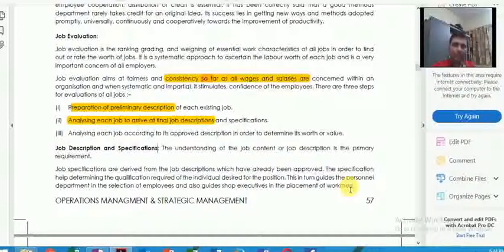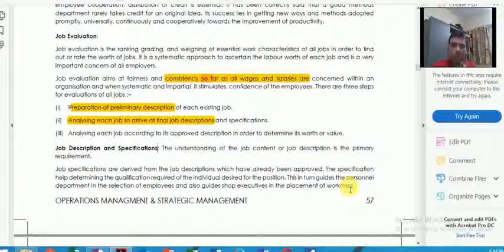Many times it happens in the practical aspect that the person who has to do more work is not given that much money regarding the amount of work he is doing. So for maintaining the level of motivation among the employees, it is the primary duty of the organization to make sure that each and every employee working in that organization is getting the right amount of money for whatever work he is doing.